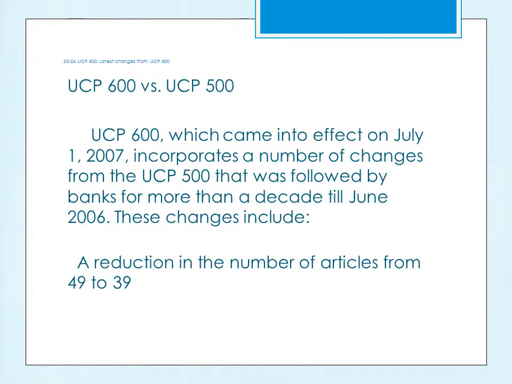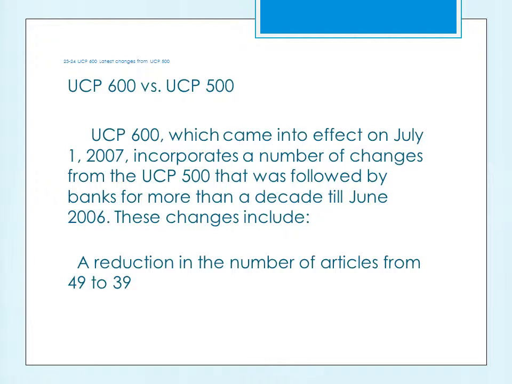UCP 600 versus UCP 500. UCP 600, which comes into effect on July 1st, 2007, incorporates a number of changes from the UCP 500 that was followed by banks for more than a decade till June 2006.